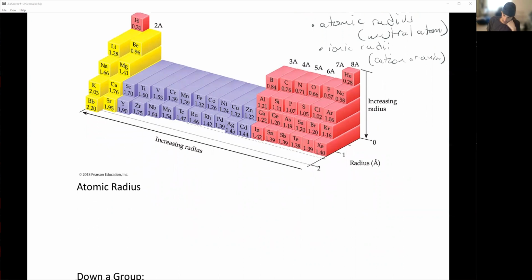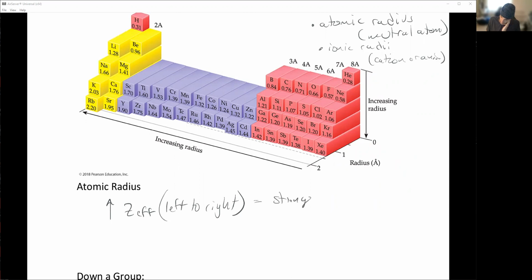An increase in Z effective, again from left to right, equals a stronger pull on those valence electrons. The stronger pull on the valence electrons ultimately means a decrease in radius.